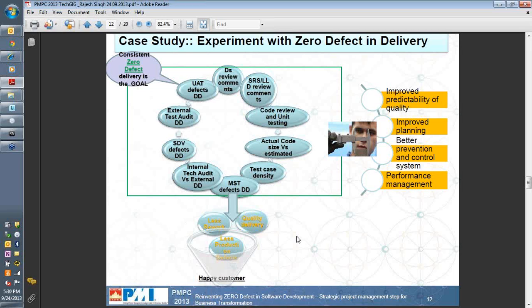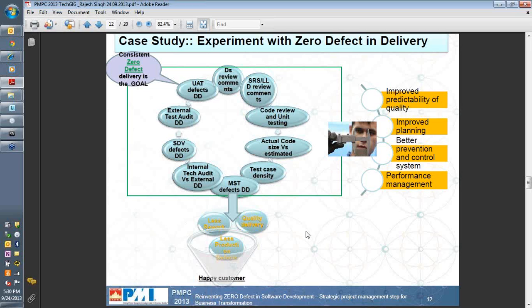Unless we measure the SDLC processes nicely with quantified data, and take reference of our organization's baselines, this monitoring and control process of the project management principles remains very much qualitative, and that does not give a right guarantee that you are delivering to the customer with zero defects.